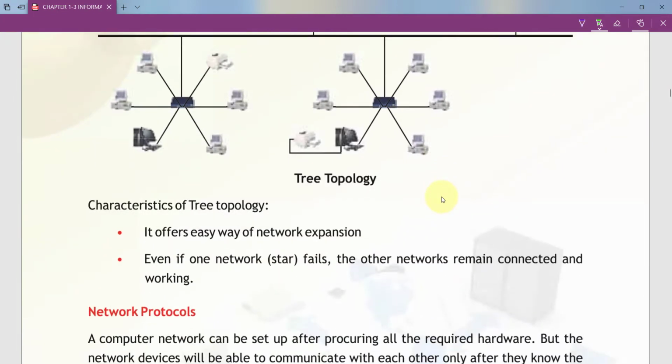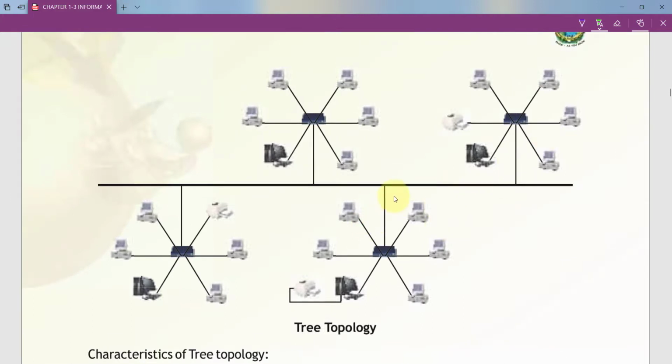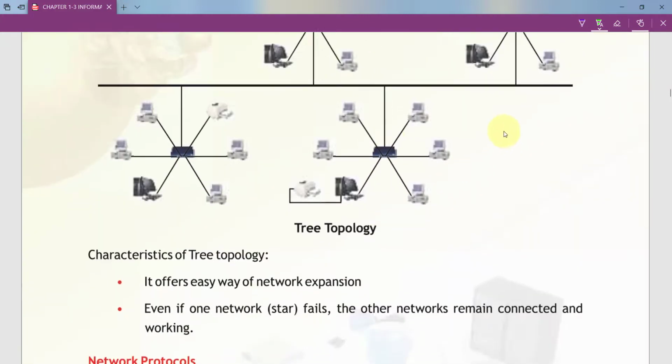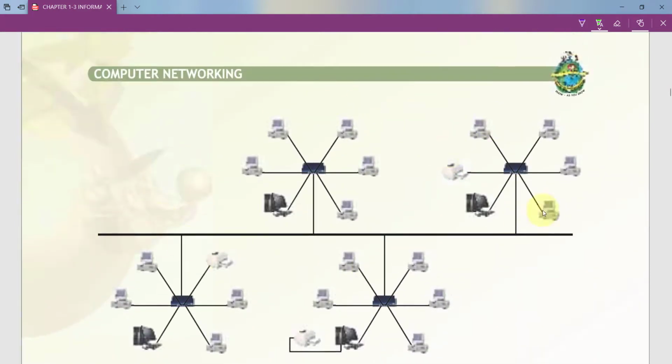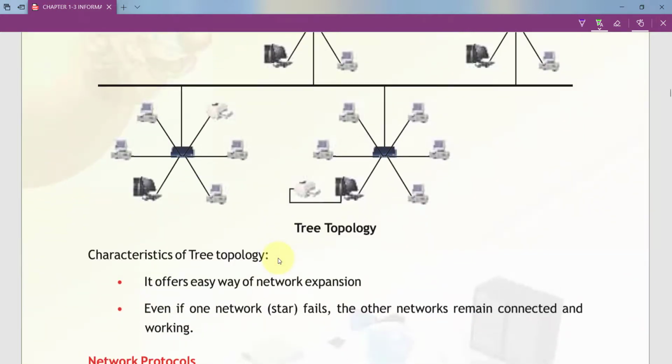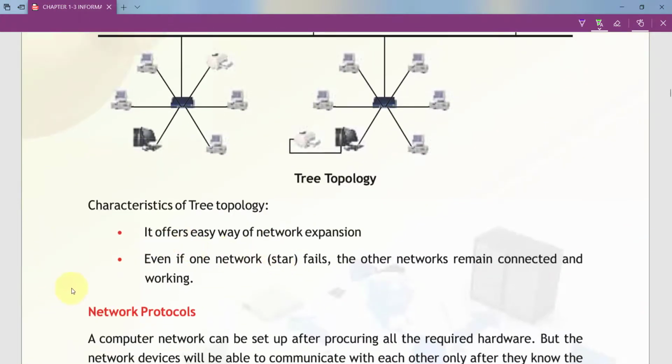They will communicate with each other. Clear? But if the backbone fails, then the entire network will fail. Clear? So it is the same thing. So you also note down its characteristics. Clear? Okay.